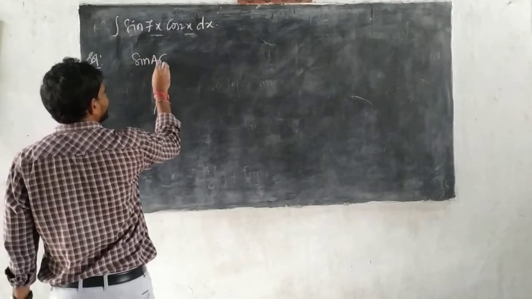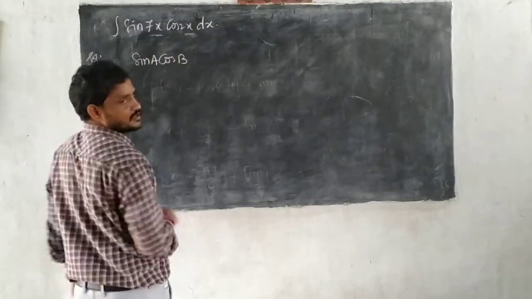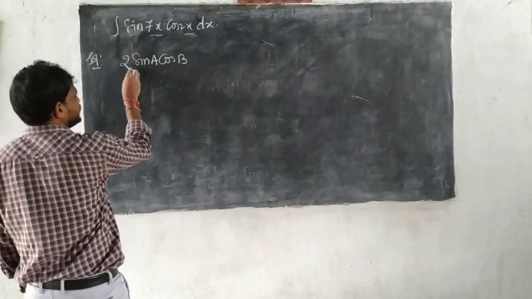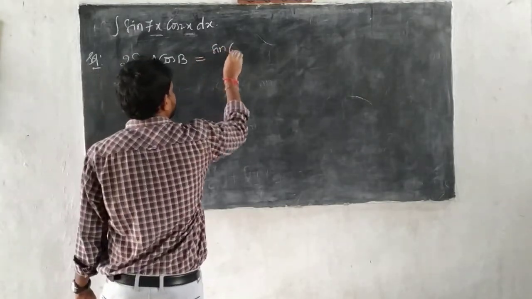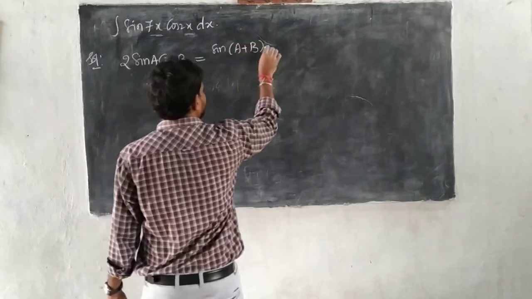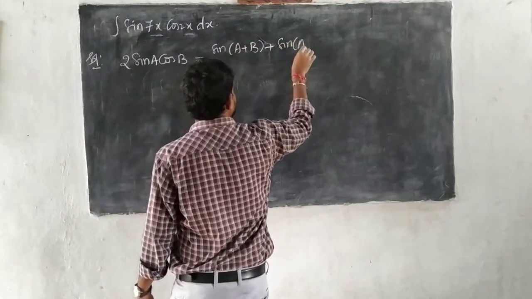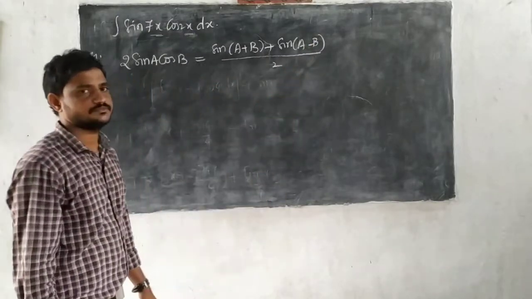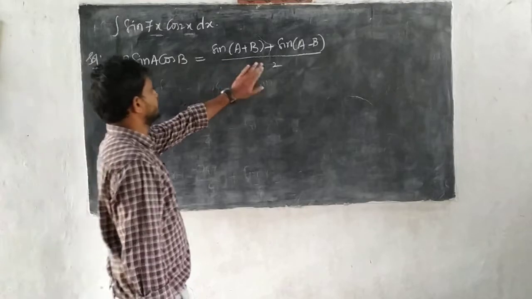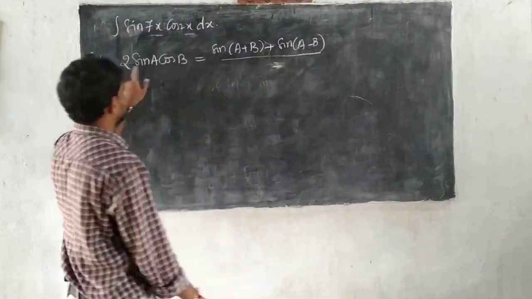This is the form of sin a cos b. Actually we have formula for 2 sin a cos b.